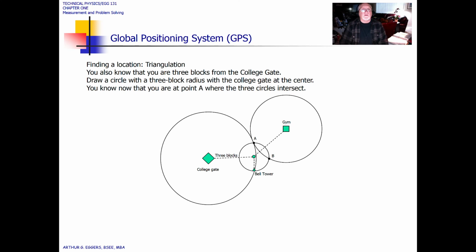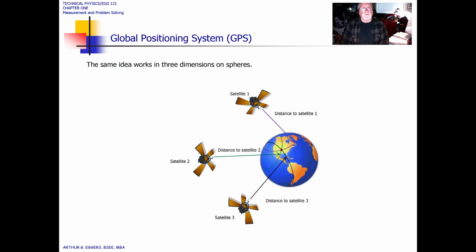You also know that you're 3 blocks from the college gate. Draw a circle with a 3 block radius with the college gate at the center. You know that you are now at point 1 because the 3 circles intersect there. So that's a fundamental way of measuring using something called triangulation.